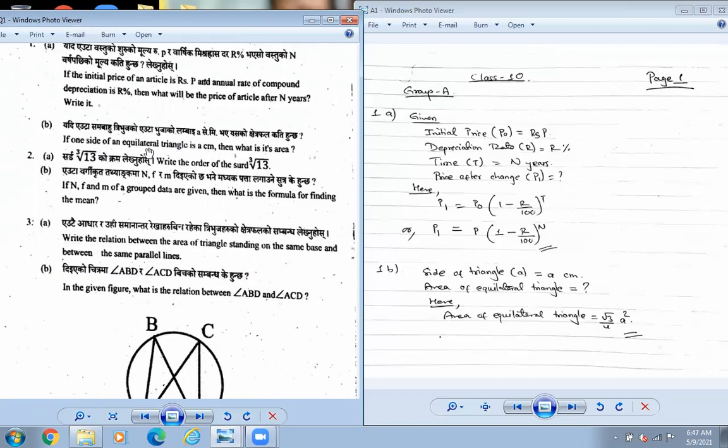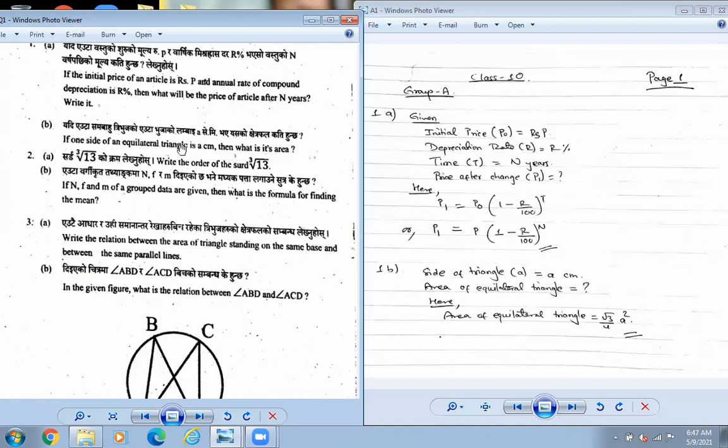The question is about the area of a triangle. It could be the area of an isosceles triangle, an equilateral triangle, or a scalene triangle. If an equilateral triangle is asked, what is the formula of its area? Root 3 by 4 a square, isn't it? You must remember the formulas. Math is nothing if you know the formula.